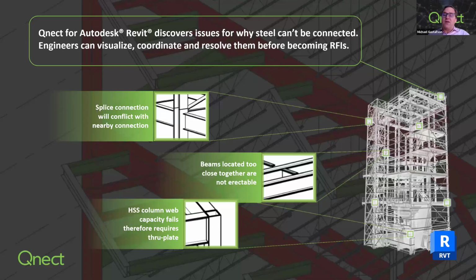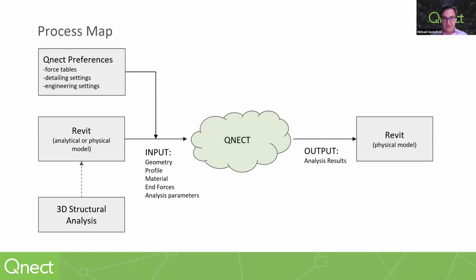So the solution that we are delivering is an app built inside of Revit that analyzes the steel frame. It looks at all the joints of the steel frame and identifies which ones can be successfully connected for connection design and which cannot. And we're looking at not just connection design, but also fabrication, erection, all the aspects that go into steel delivery.